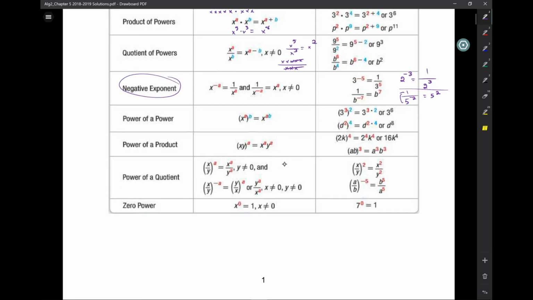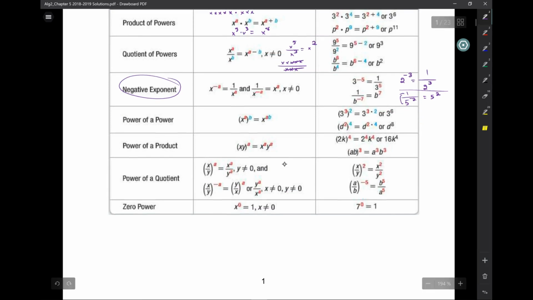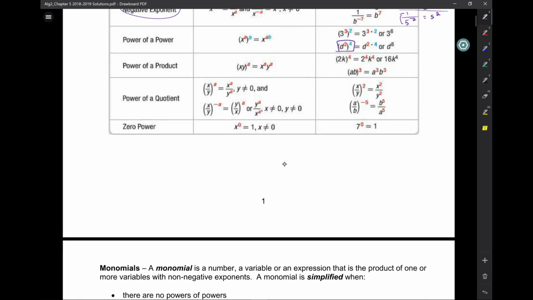Okay. Powers of powers. So if you have x to the power of a to the power of b, look at this one. d to the power of 2 to the power of 4, right? You multiply the exponents. Well, why? Let's take another example here.